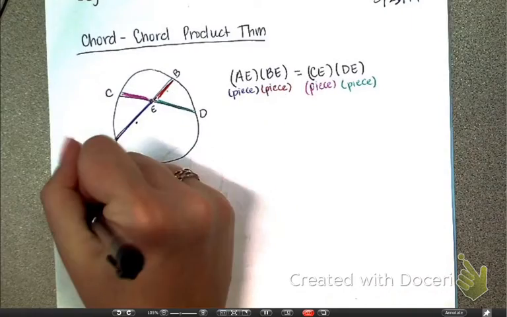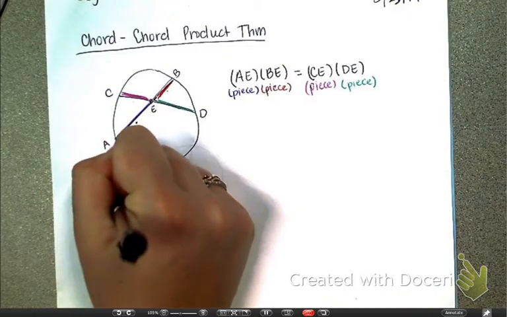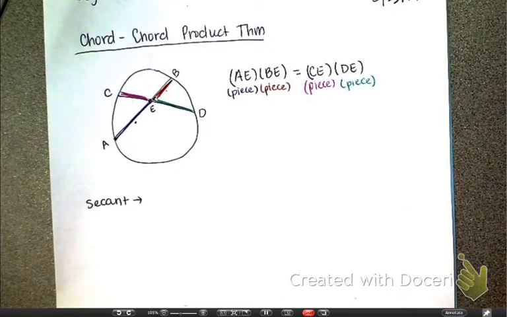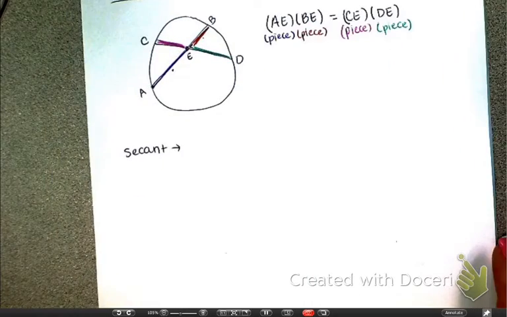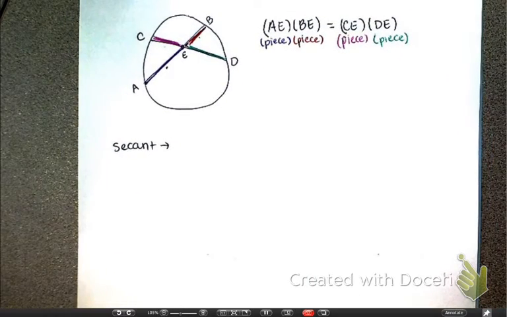I need to give you a definition because I don't think we've talked about what a secant is. Have we? Does that name sound familiar? No? Okay. So we've talked about chords and tangents.